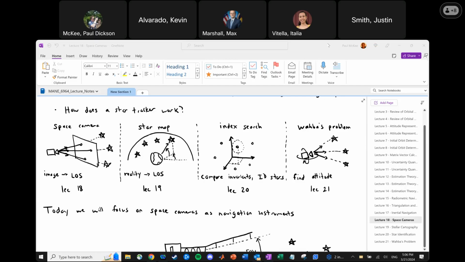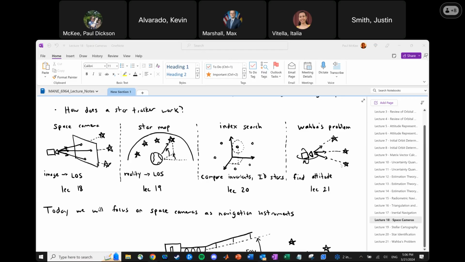Finally, you've got the stars in the local frame, you've got the stars in the global frame, and you know which ones are which. You've set everything up. Now you just have to knock it down by solving Wahba's problem, which is the actual attitude determination part of all of this. Hopefully people are waiting with bated breath because this is the last lecture that you need to really nail homework 4. We're going to go over the math.